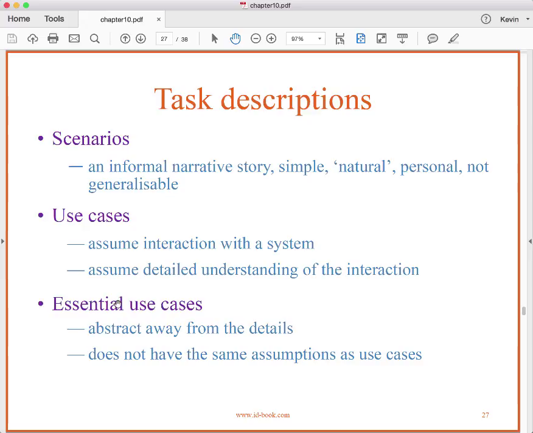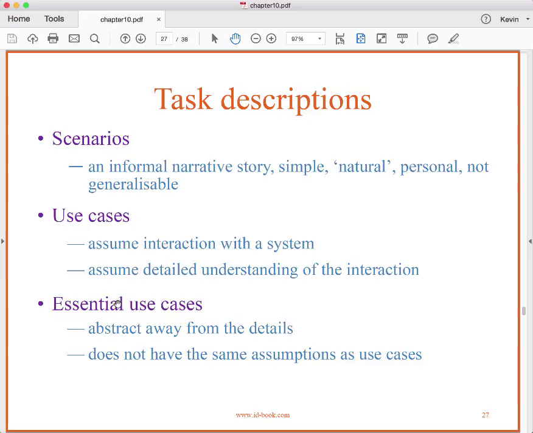Use cases came from object-oriented analysis and design. The same people who brought us object-oriented system development tools are the people who came up with use cases.